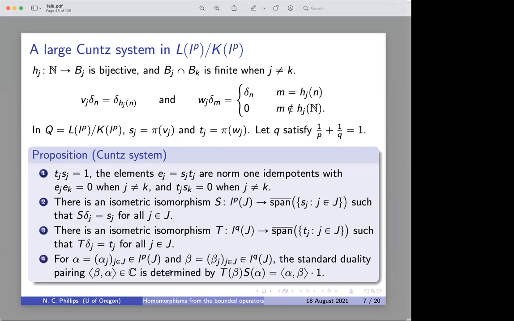And then furthermore, the standard duality between little LP and little LQ is determined by just multiplication in the algebra. T of beta, S of alpha is now the pairing of alpha with beta. And now there's no longer any adjoints in it because I don't have a star to get conjugate linearity. So it's just the pairing of alpha with beta times the identity element of the algebra Q.